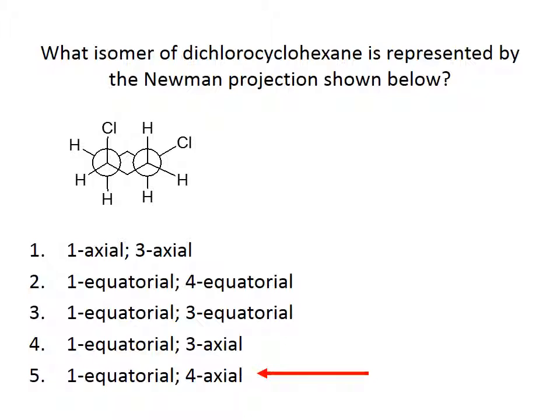You can see that one is up, and there are some other up and down positions which are axial, and then one is in the equatorial position to the right, so this one's equatorial, this one's axial, and these are the other equatorial positions right here. And this is 1,4 because this is 1, 2, 3, and the one in the back is 4.